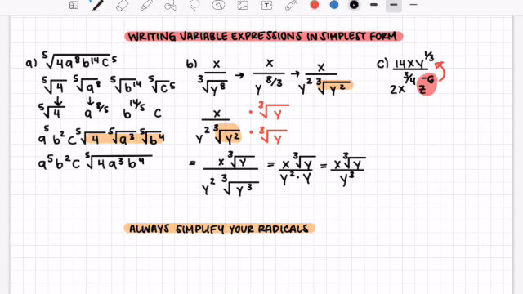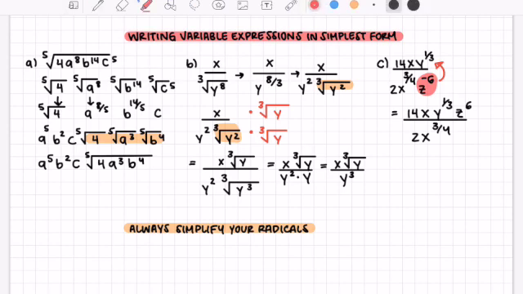So I will have here 14x times y to the power of 1 over 3 times z to the power positive 6. And on the bottom, I still have my 2x to the power 3 over 4, right? So from here, I could see what I can combine together.